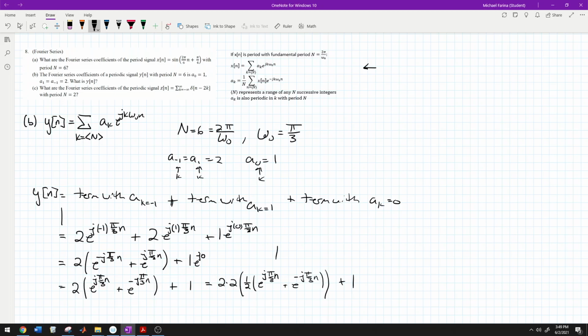And here's our cosine term. And what we end up with is 4 times cosine of pi over 3 times n plus 1, and that's equal to y of n. And I will be back with part C.